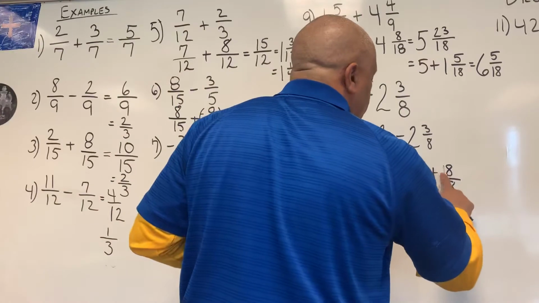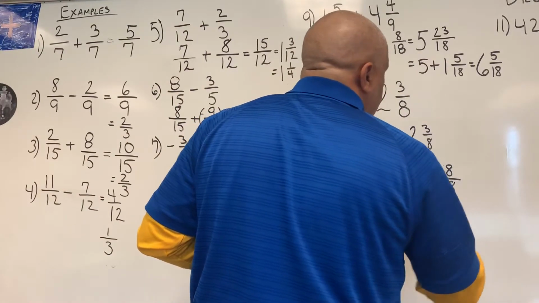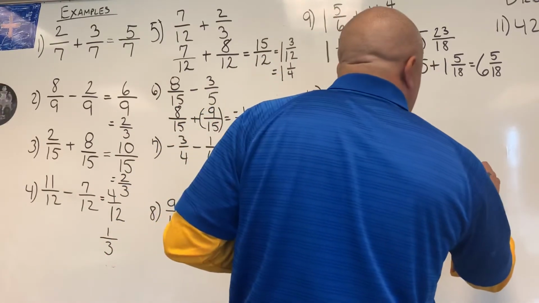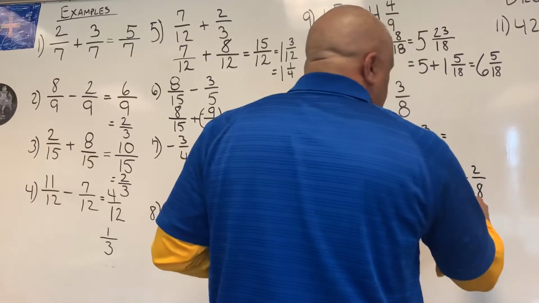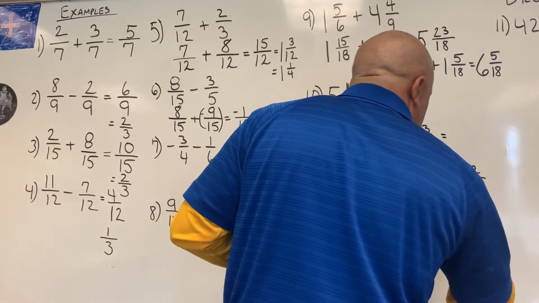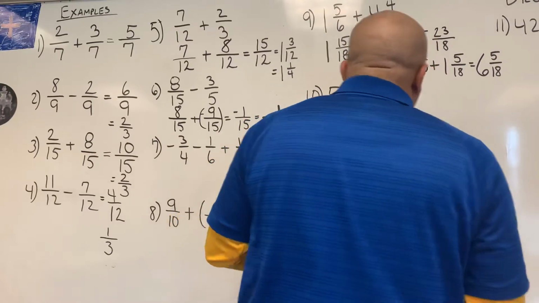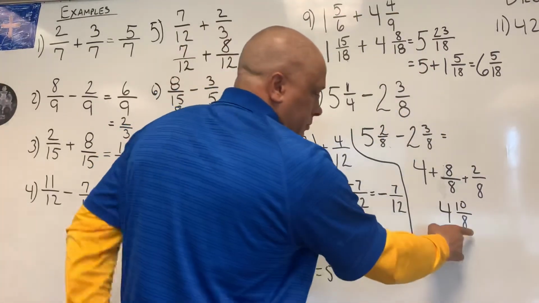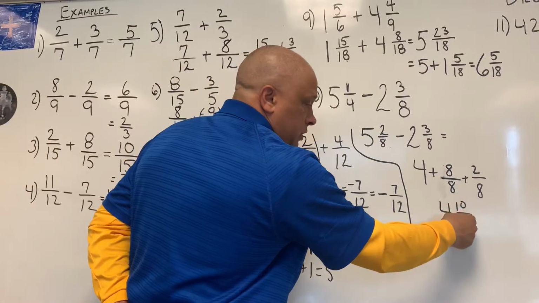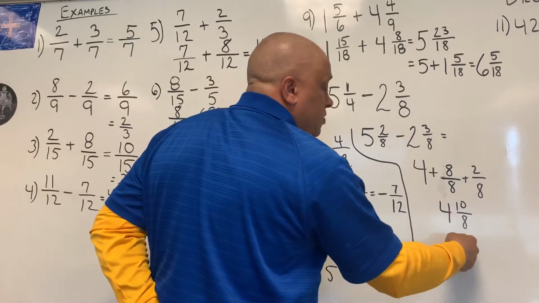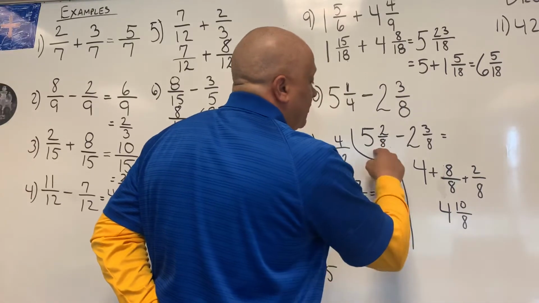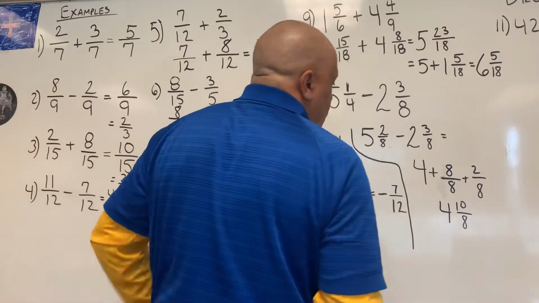So now we got 4 plus 8 plus 2 over 8. That makes that 4 and 10 over 8. So as you can see, if we took this one, converted that improper fraction into a mixed numeral, we would get 1 and 2/8. 4 plus 1 is 5, and add the 2/8, you get 5 and 2/8.